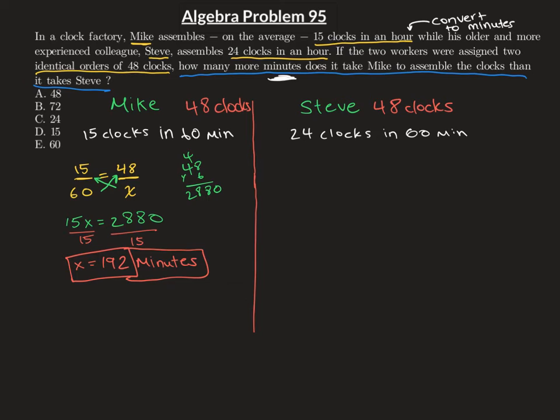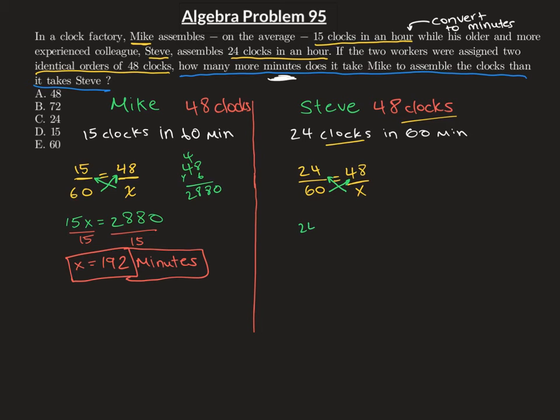Now we're done with that, so let's move on to Steve's perspective. Once again, let's set up a proportion. We have 24 clocks in 60 minutes, and that will be equal to 48 clocks. That's the same terms, so we'll put them both in the numerator together, so that the proportion actually correlates. Then our time to assemble 48 clocks is unknown, so we put it over x. Once again, we cross multiply.